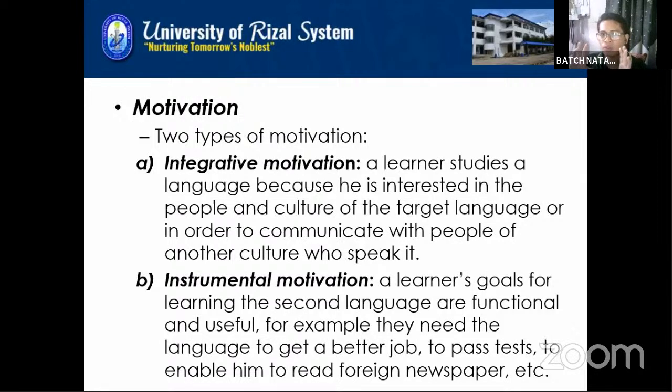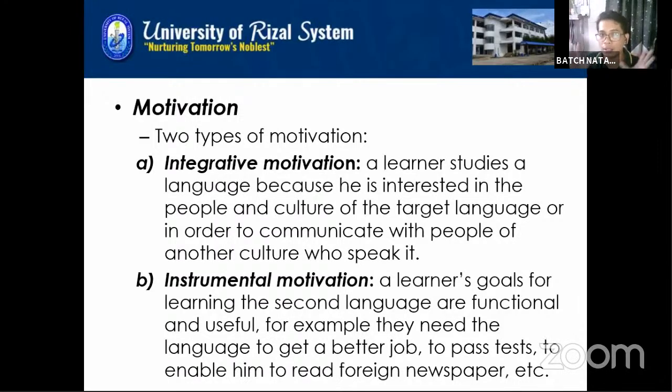When we talk of the outer circle, these are the countries wherein they are using English for specific purposes, and they are using English since it is already embedded in their culture, although it is not actually the language that they are using every day.